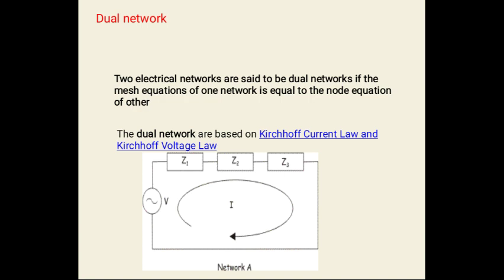Now, in the given circuit, there is a source of V volt and impedances connected are Z1, Z2 and Z3 and current flowing is I ampere.